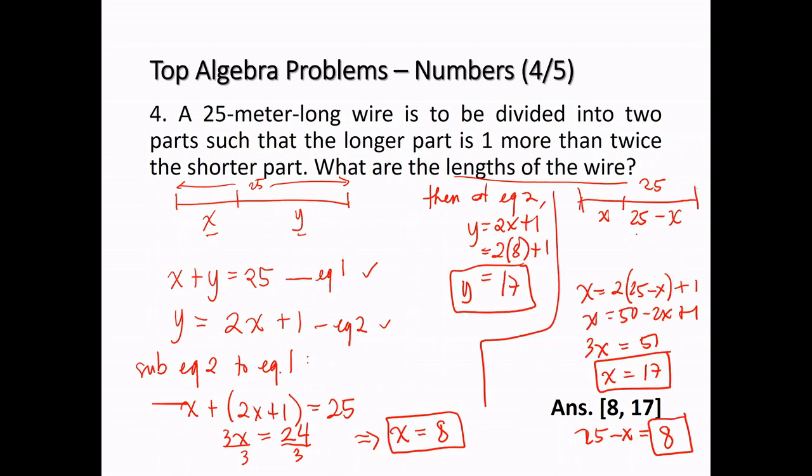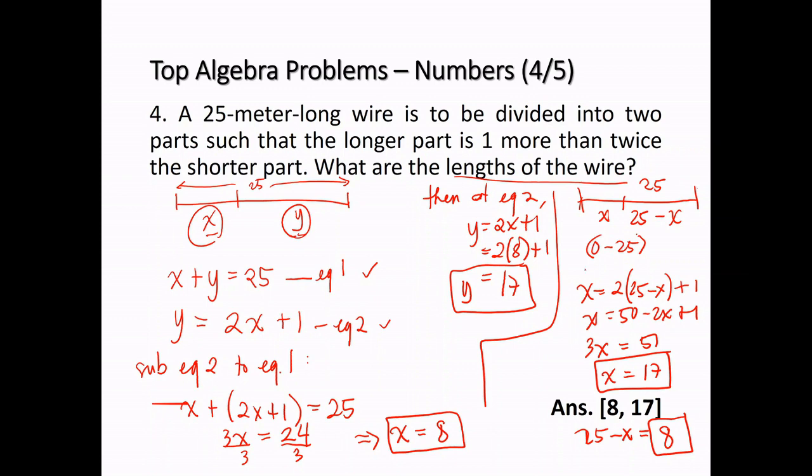Okay. Another way of solving this number problem is, instead of using two variables x and y, you can actually use a single variable x, and this value x ranges from 0 to 25. Then the other one obviously should be 25 minus x, because x is a length.